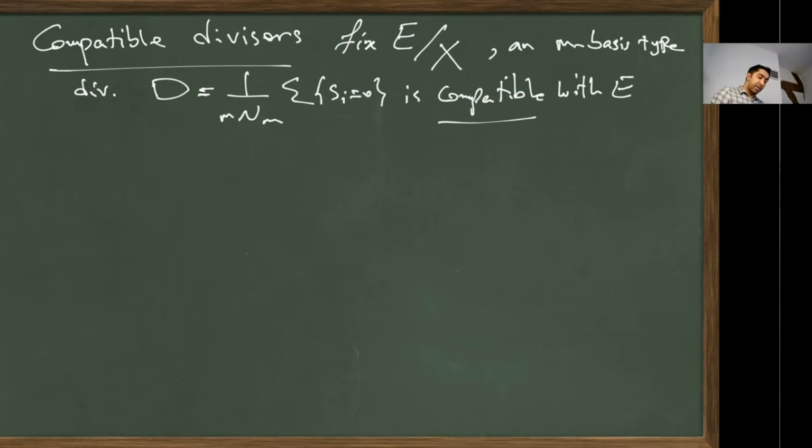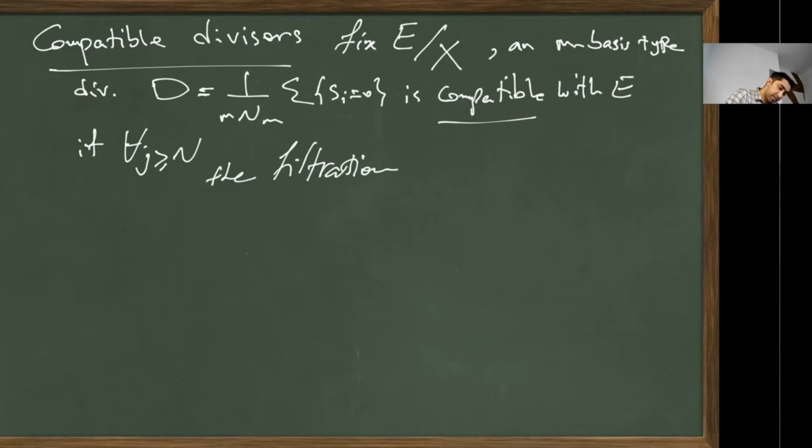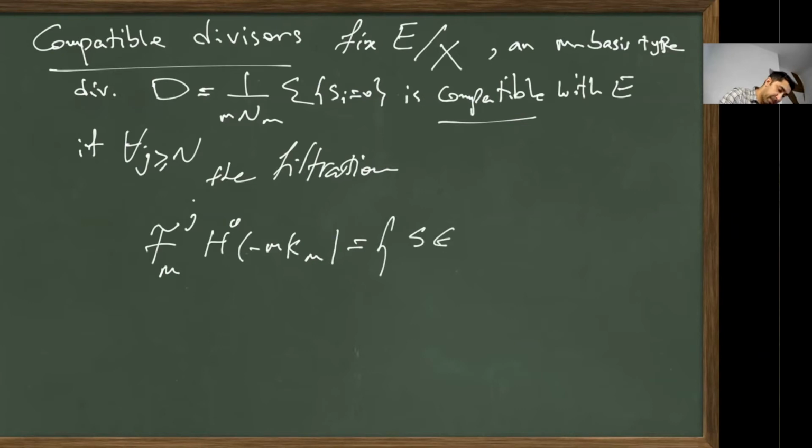So you fix your divisor E. You say an M basis type divisor D is compatible with E if for any positive integer j, the filtration, which is natural, so I define this filtration on my vector space as the set of sections in here such that the order of vanishing of s along E is at least j.